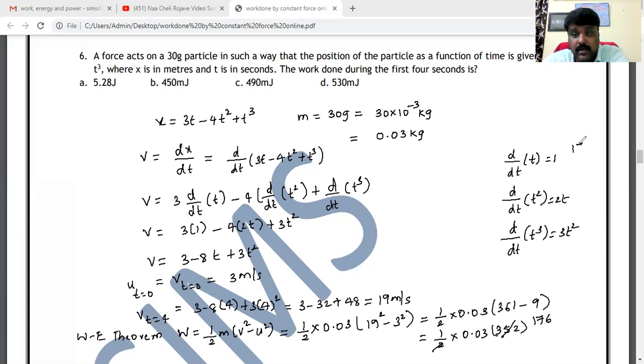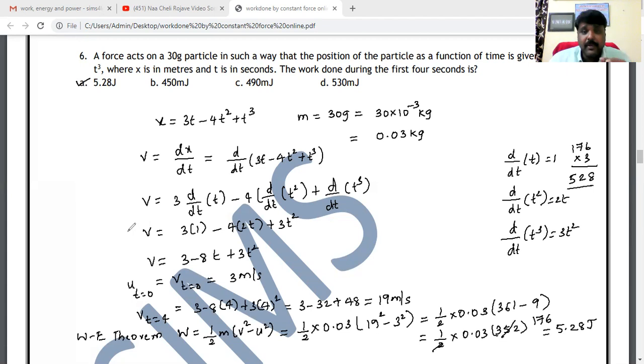Okay, let us calculate here. 176 into 3: 6 threes are 18, 7 threes are 21, plus 1, 22, 2 remains, 3 ones are 3, plus 2, it is 5. Decimal should be kept before the last two digits. Then we have the answer as 5.28 joules. That is our first option.